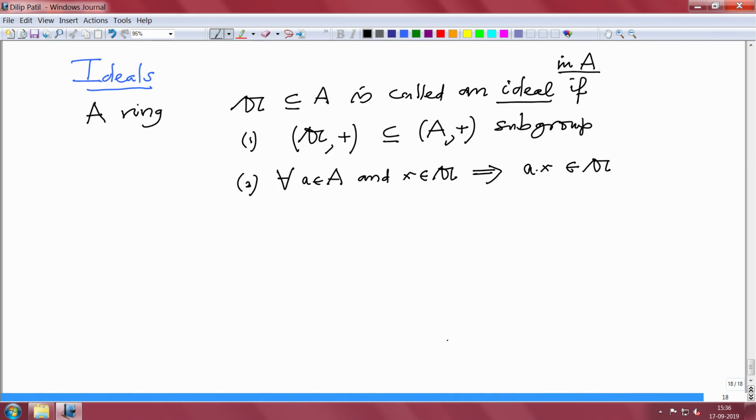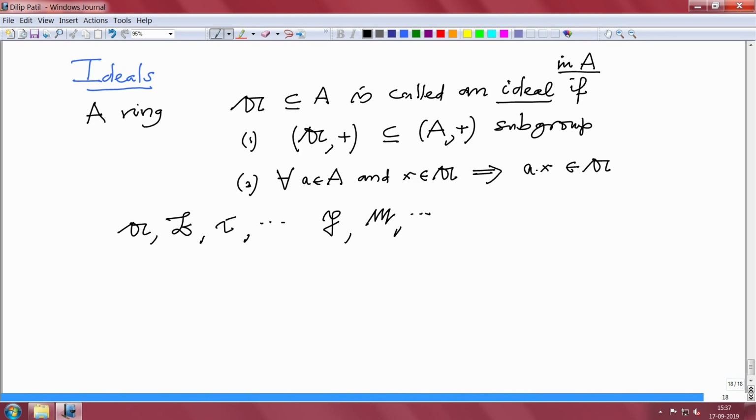And usually I will denote in this course ideals by the Gothic letters like A, B, C, etc., P, M, etc. Initially it is difficult to draw, but certainly they are not as difficult as our Indian alphabets.